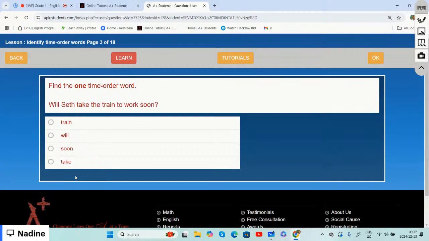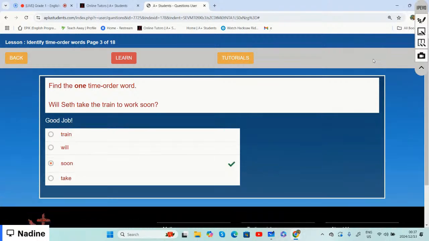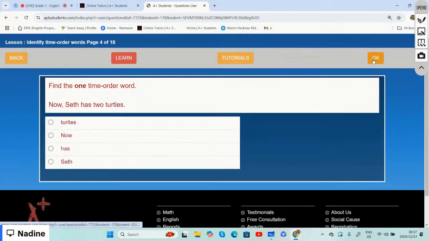Yes, and if we were to choose our time order word, then soon is correct because it will tell us when he will take the train to work. So well done. Soon is correct.